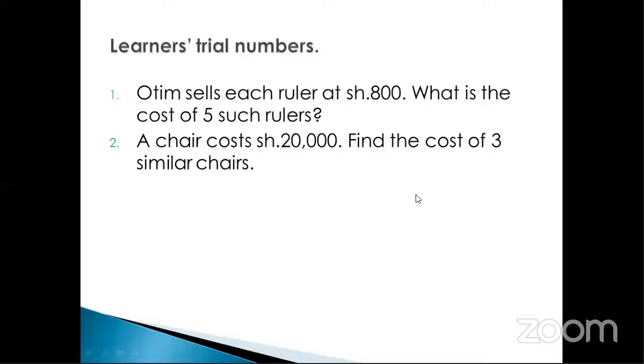But let me pick some few people here to answer. Let me try Agaba. Agaba, Mark, have you finished? Yes. Okay, take us through what you have done for number 2.